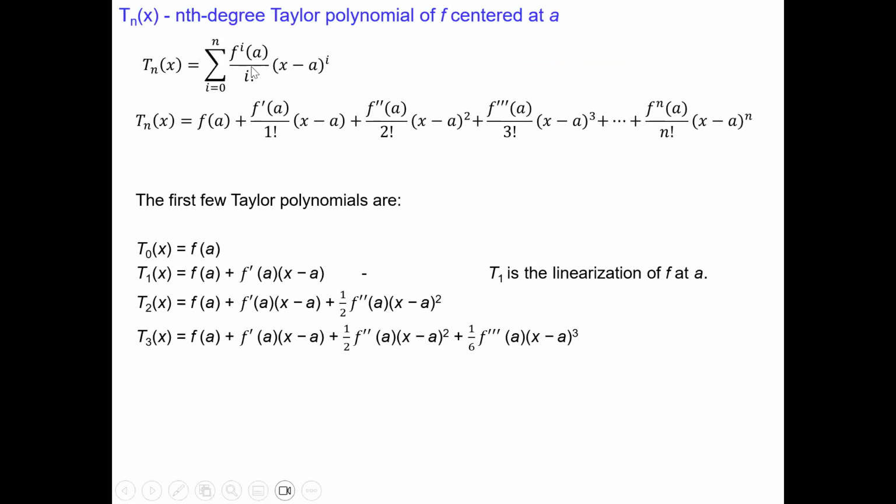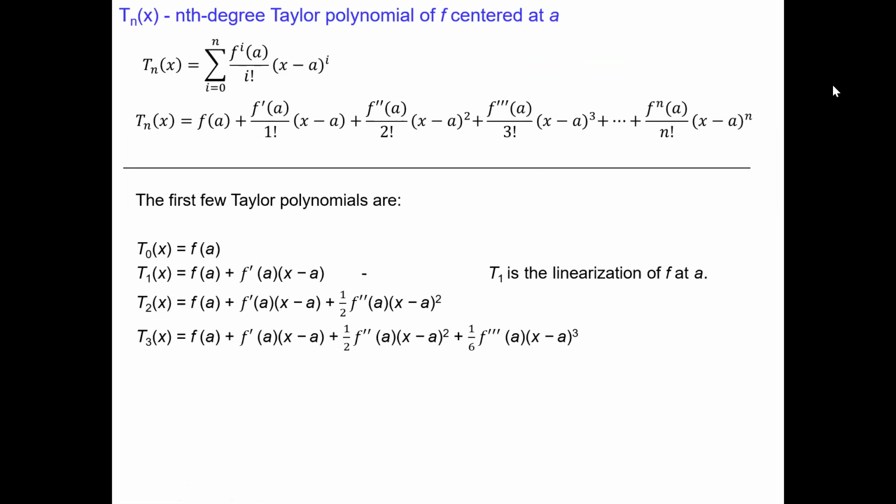The Taylor polynomial, the nth degree polynomial: that's the formula, we know the formula. i is changing from 0 to n. If i is 0, it's just f of a, because the 0th derivative means the function. Then the first, second degree polynomial, and the nth degree, x to the power of n.